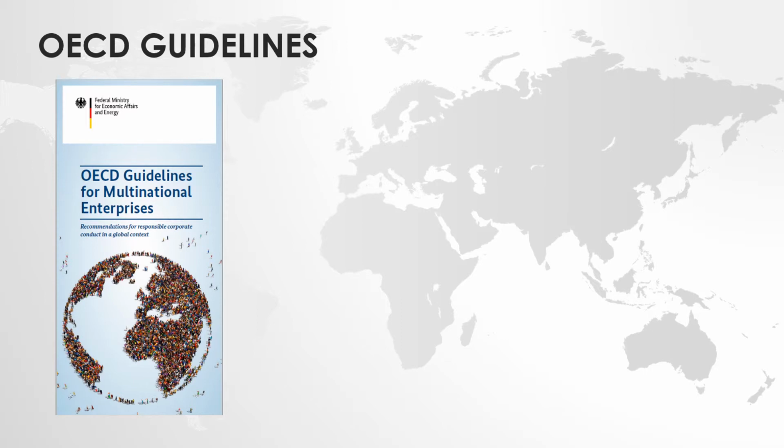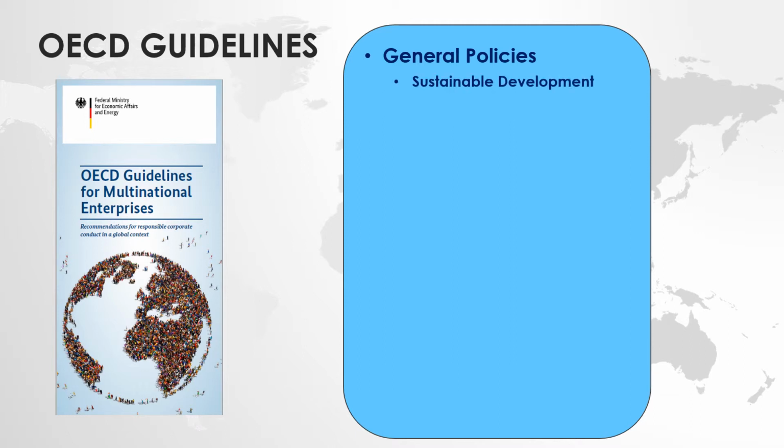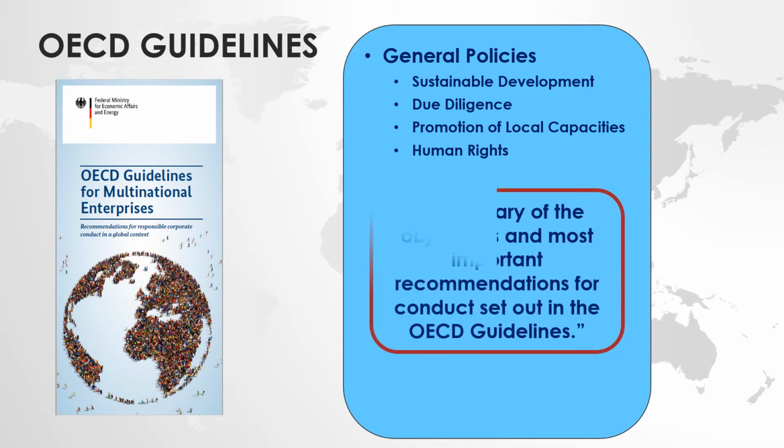The brochure explains the general policies that underlie and motivate all guidelines: sustainable development, due diligence, promotion of local capacities, and human rights. The brochure calls these policies, quote, a summary of the objectives and most important recommendations for conduct set out in the OECD guidelines.